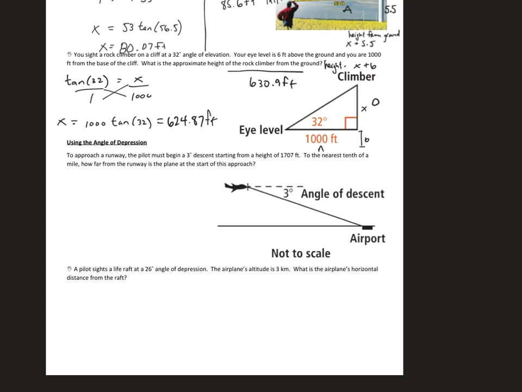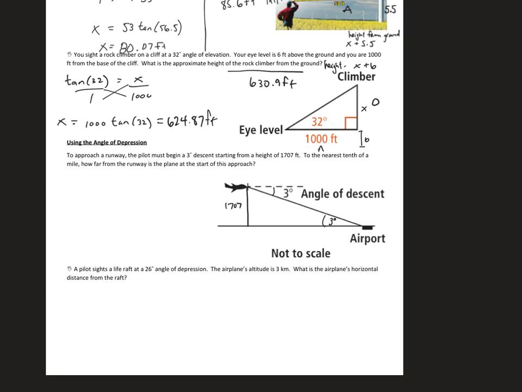To approach a runway, a pilot must begin a 3-degree descent starting from a height of 1,707 feet. So here we go. There's 1,707. I know that the angle of depression is equal to the angle of elevation, so that's going to be 3 degrees right here. Alternate interior angles are congruent.